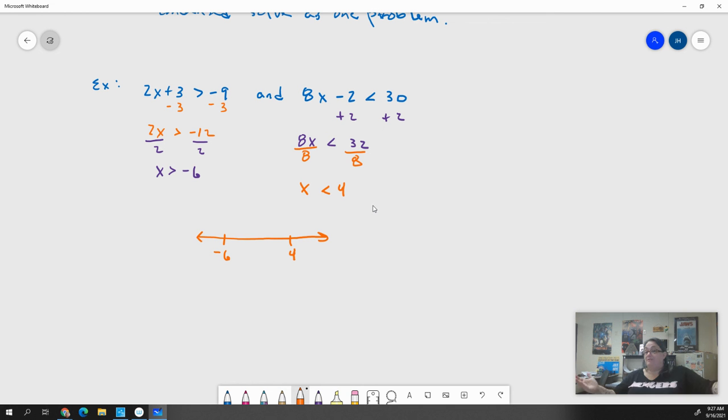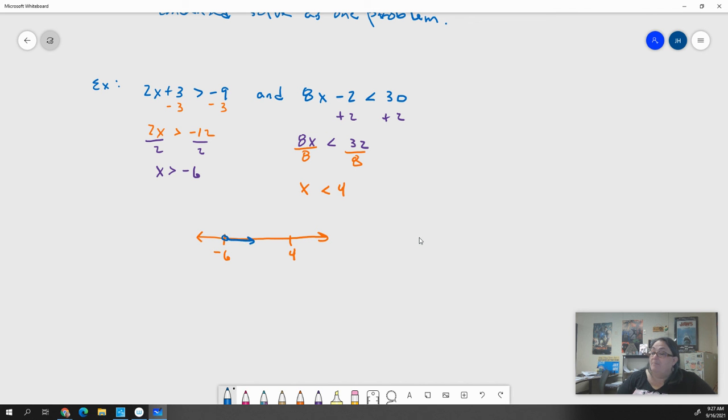Your number lines, they'll be presented to you as number lines. They'll have a lot of numbers on them. The only ones you're going to care about, though, are negative 6 and 4 and what's happening there. In this case, we are saying that x is greater than negative 6, not greater than or equal to. So we're going to have an open dot at negative 6, and it is going to be everything greater than.